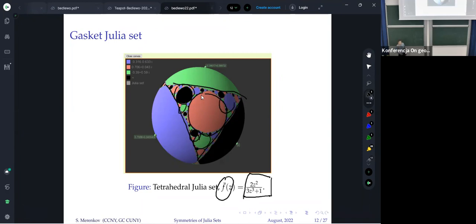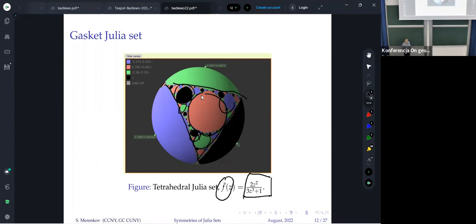So the same question that we wanted to address is what is the quasisymmetry group of this, whether it's rigid or flexible, and so forth. And we didn't want to restrict our attention to just this one. We wanted to encompass the whole class of such rational maps whose Julia sets have this gasket-like structure.